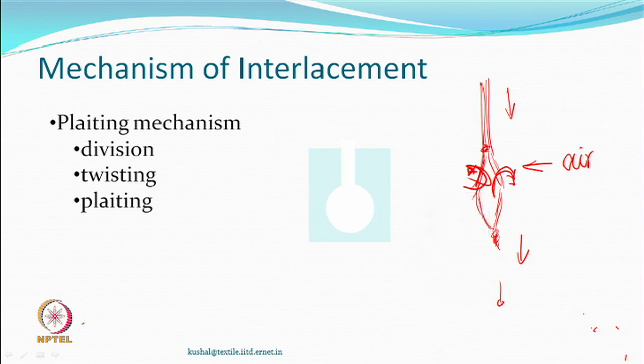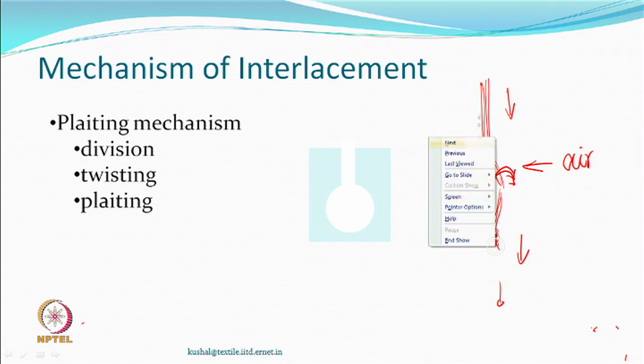When it comes to this point, it cannot open because now it is interlaced. But as it passes down, then you have filaments which are a parallel bundle, and they will get separated and again twisted in 2 different directions. So, you have one node being generated below, one node being generated above, and then it passes.